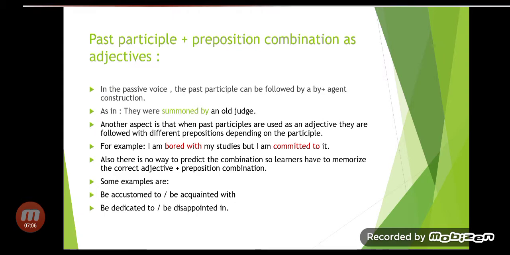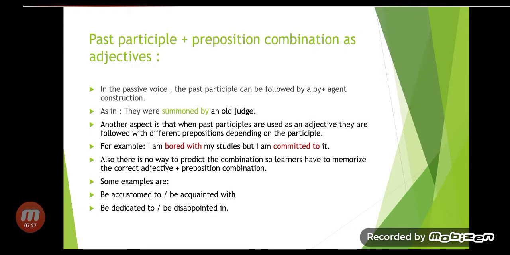Right? For example, they were summoned by an old judge. After by, we are using the agent. An old judge is our agent, and by is our construction.